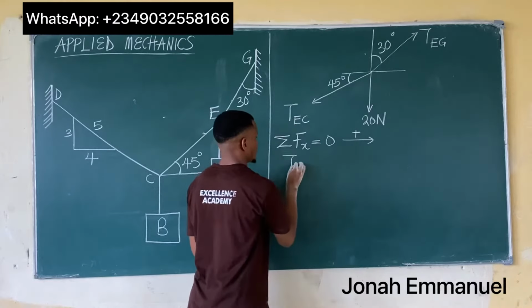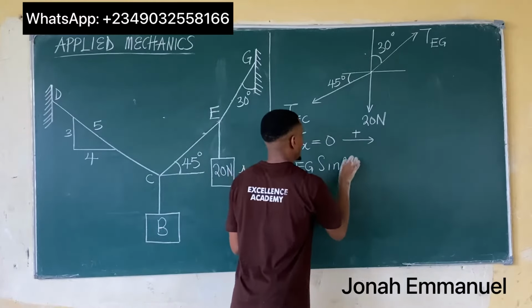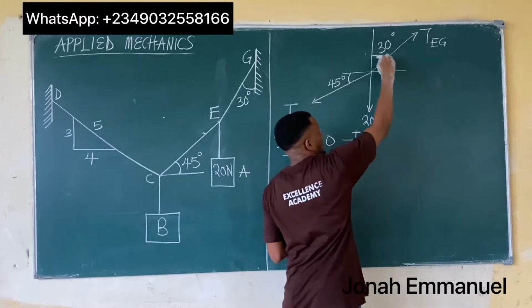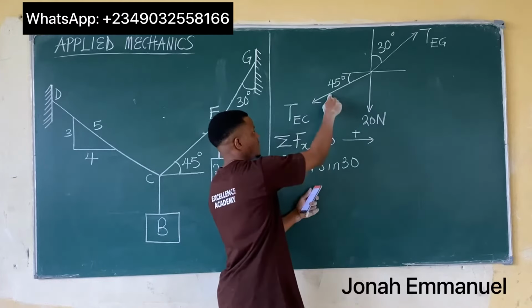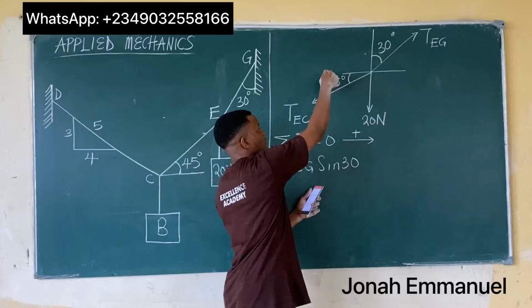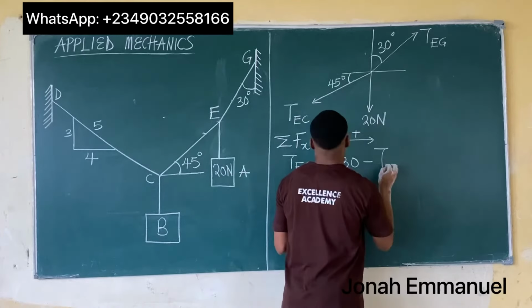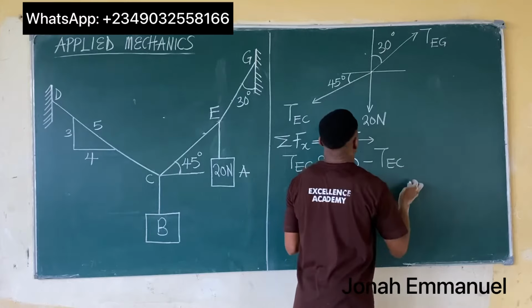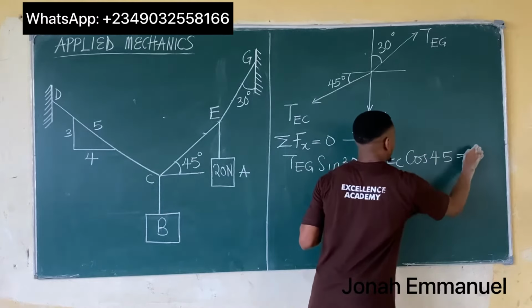So I'll have TEG sin 30. This is the horizontal component. Alright, this one here, if I resolve this TEC, this way, becomes negative. So minus TEC cos 45 equal to 0.